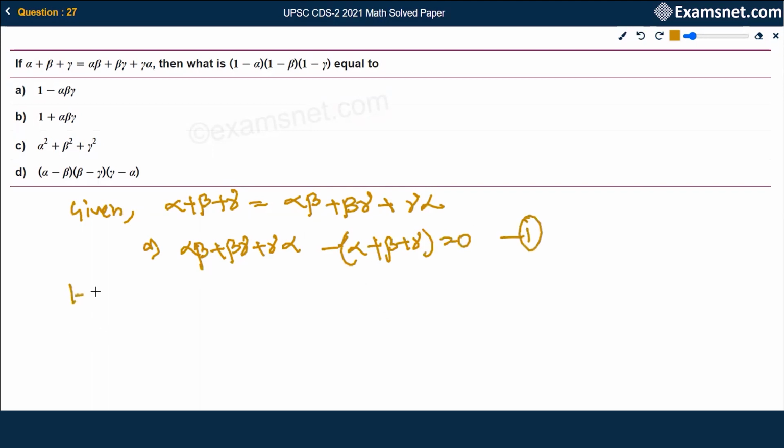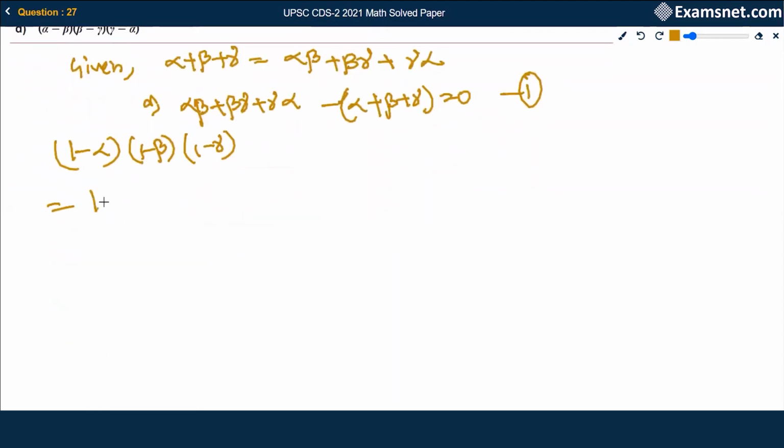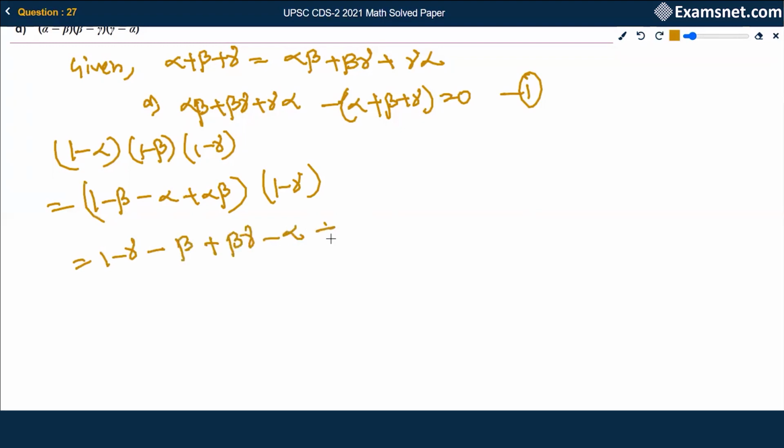Now write the given expression that we are required to find the value of. First, we will find the product of the first two terms. So 1 minus beta minus alpha plus alpha beta, times 1 minus gamma. It becomes 1 minus gamma minus beta plus beta gamma minus alpha plus alpha gamma plus alpha beta minus alpha beta gamma.